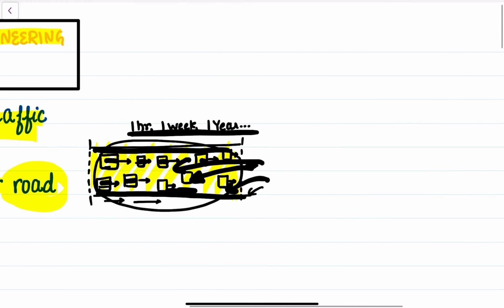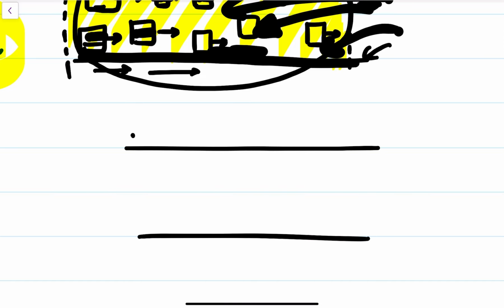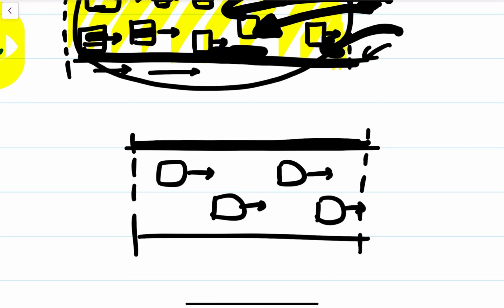So the traffic capacity is the maximum number of traffic volume that can pass through a road section. That is a very important point. The point of reference is the road.